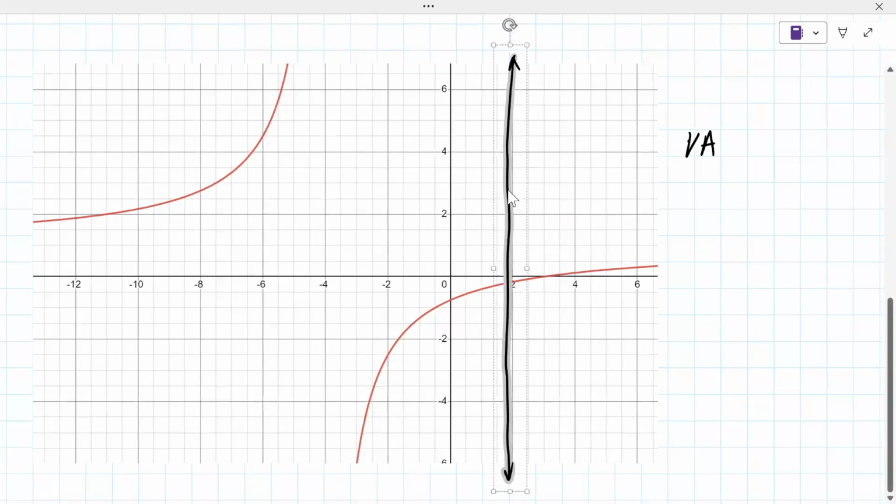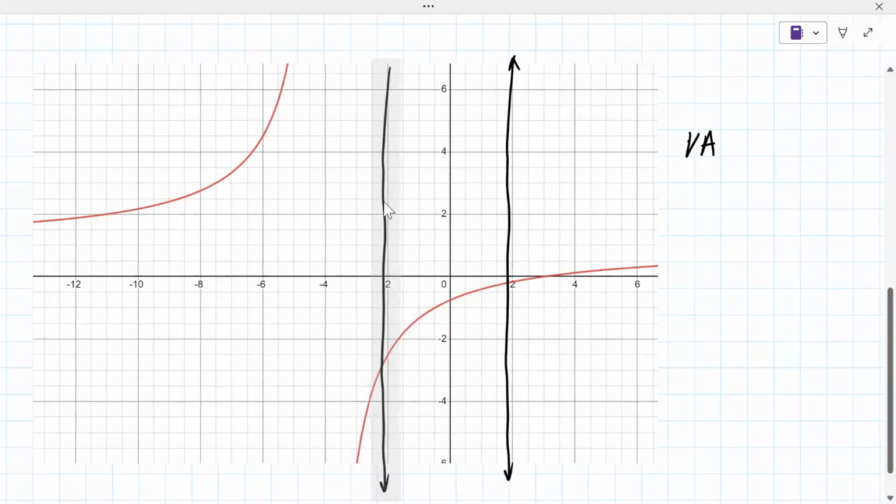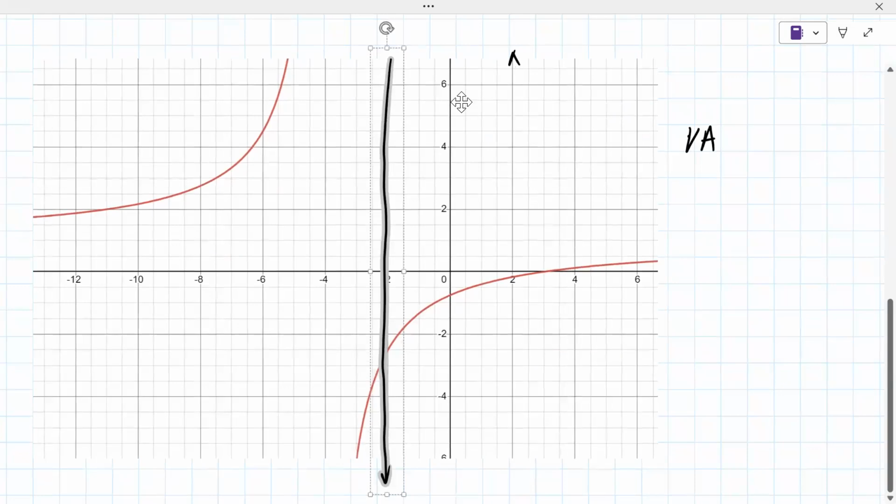Well, let's move it over to -2. Does it still hit the graph? It still intersects. So it's not that. Okay. -4. X equals -4. Okay, there you go.